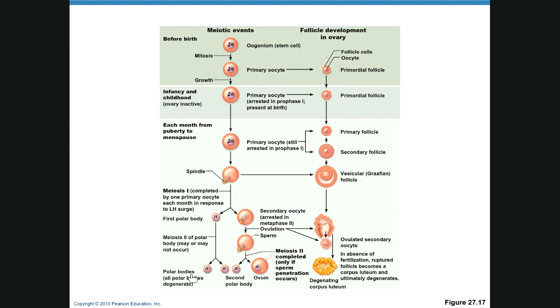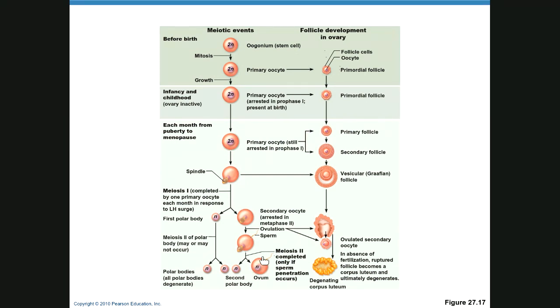They die. So now we have, in males, a stem cell, and 4 good sperm. With the egg, you start off with a stem cell, and then you end up getting 3 polar bodies, duds, they die, and then 1 viable egg that could become a zygote.